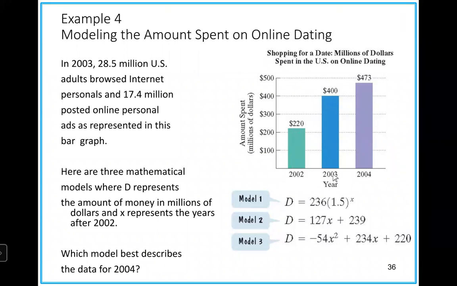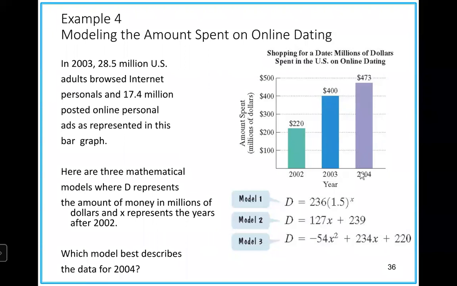So that's 2003. Okay, amount in millions of dollars. Here are three mathematical models where D represents the amount of money in millions of dollars and X represents the years after 2002. Which model best describes the data for 2004?